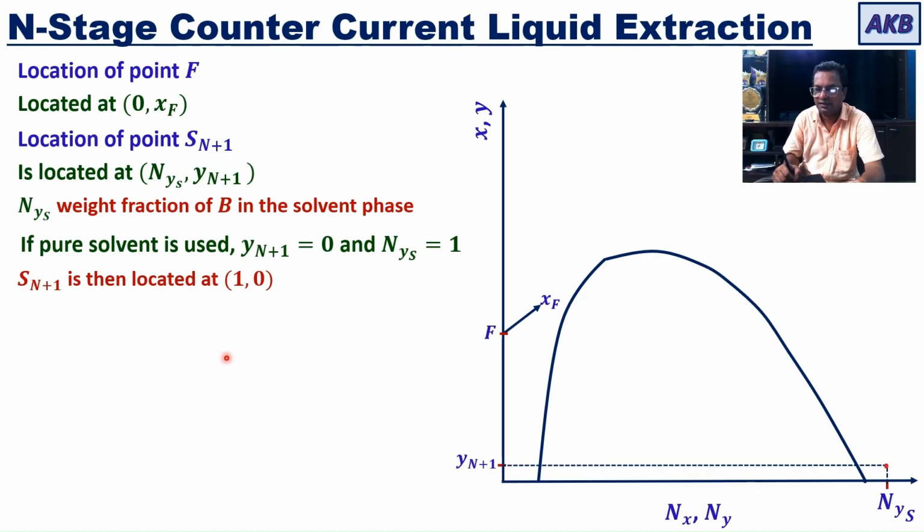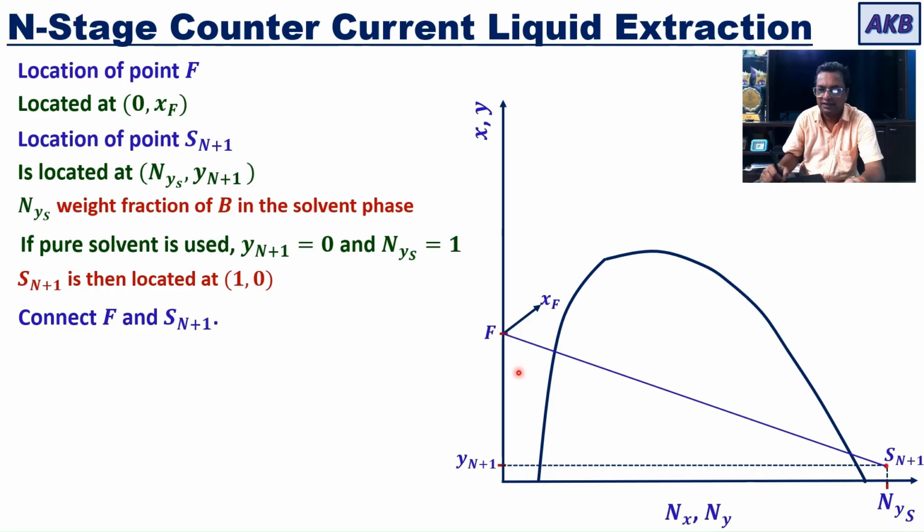And then we have to connect points F and Sn plus 1. After locating point Sn plus 1, we have to connect those 2 points F and Sn plus 1 by a straight line. So I am doing that.